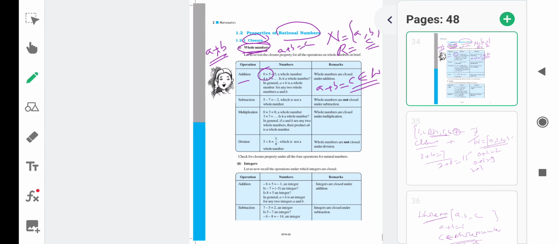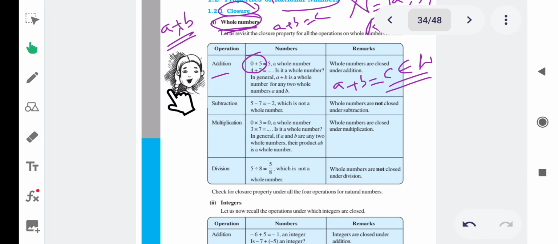Now let us see the next one, subtraction. Subtraction means any two numbers you take and subtract, we should get a number again from the whole numbers. But see here, 5 minus 7 is minus 2, but minus 2 does not belong to the whole numbers, because whole numbers start from 0 and all positive numbers. But if I take 7 minus 5, that is 2, it belongs. 3 minus 1, 2 belongs.